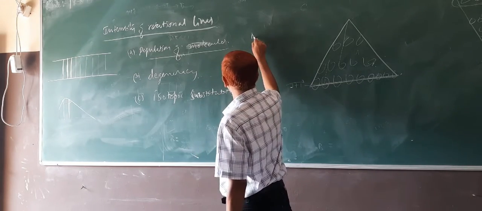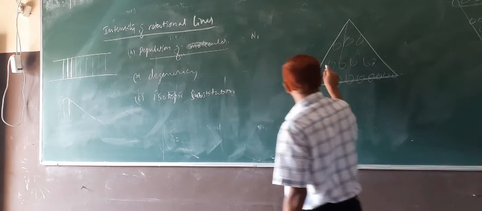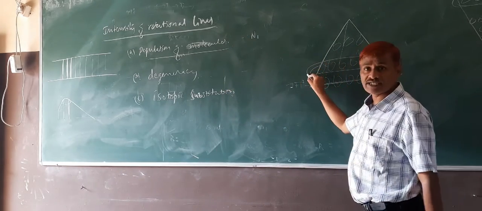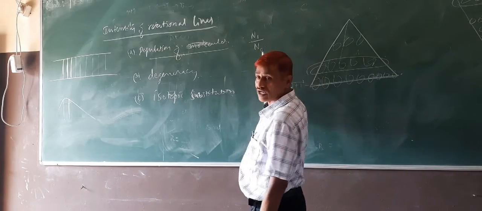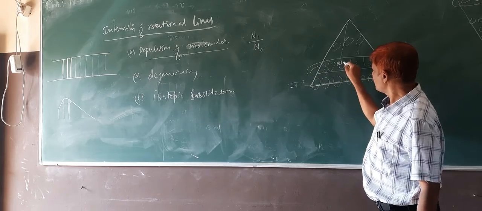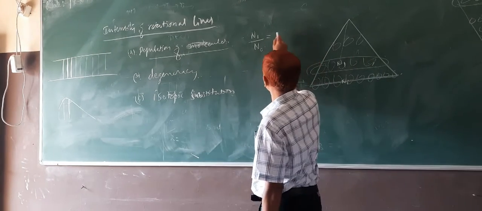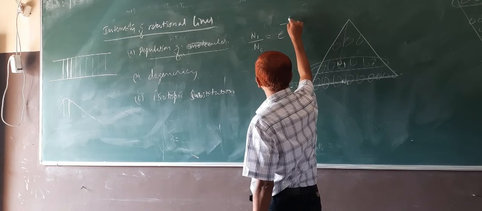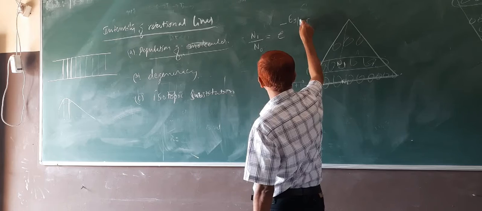And you write the number in the first excited state to the ground state, the number here is n1, the number here is n0, that is equal to e to the power of minus E by kBT, where kB is the Boltzmann constant.